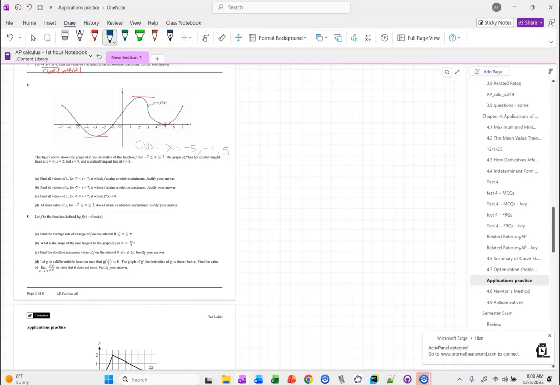Everybody agree? Since this is the graph of f prime. At -5, do I have a local min, local max, or neither? Max, because we went from positive to negative.